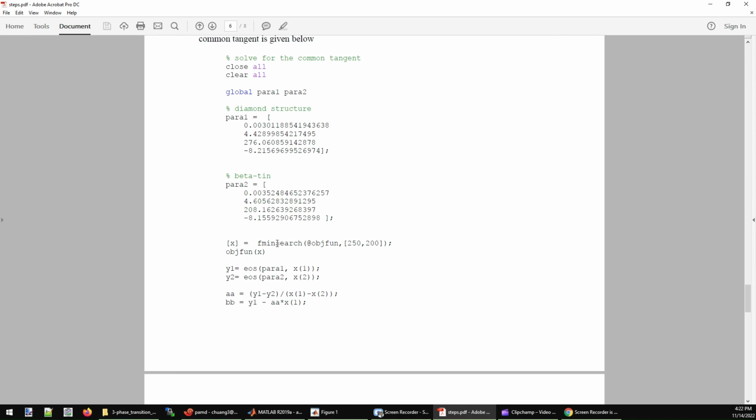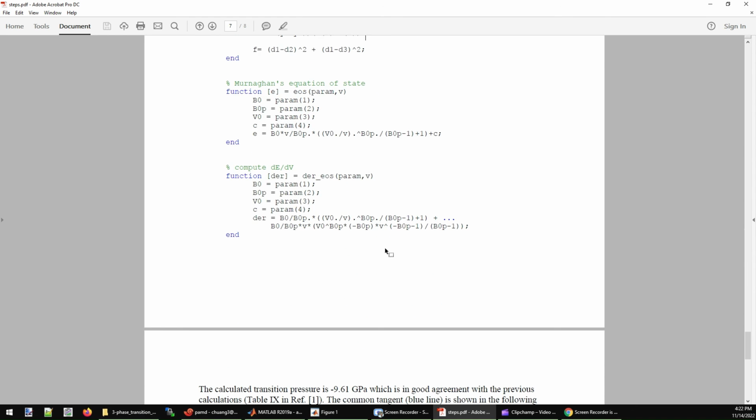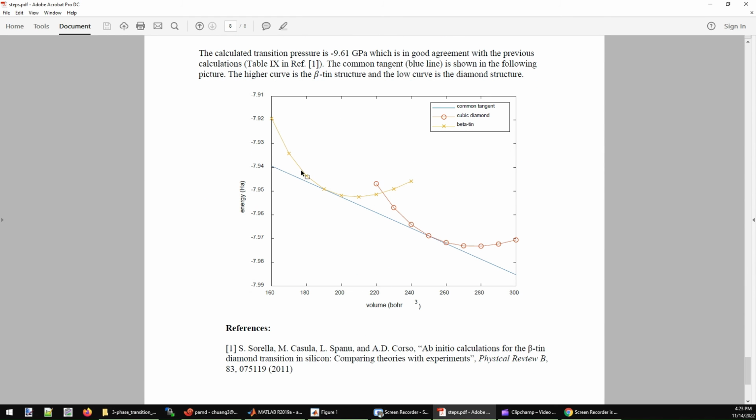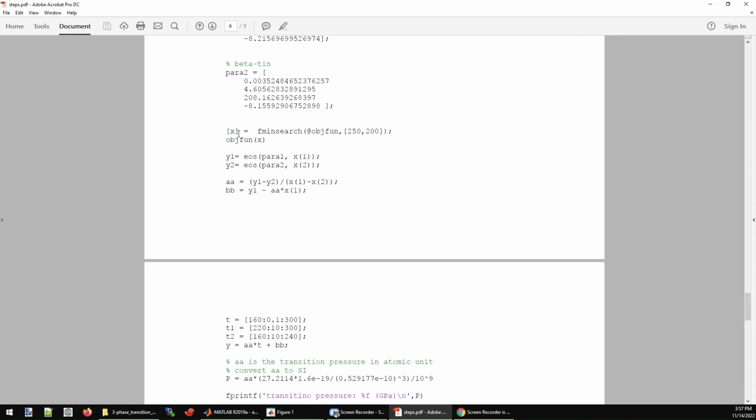So fminsearch tries to minimize this objective function, to find the 2 points on these 2 curves that can give you the common tangent. At the minimum, we get our solution.